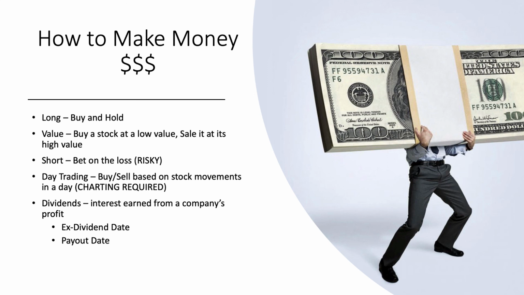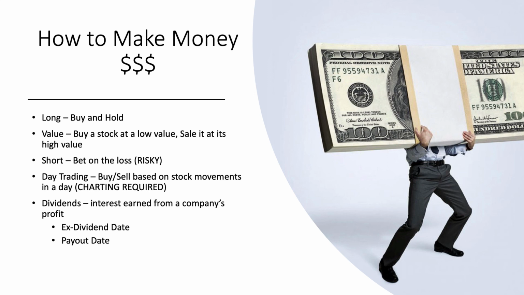So let's say Coca-Cola, our sample company for the evening. Let's say for last quarter, their net profit was $30 million. The board of the company may say, well, we're going to give our shareholders a certain percentage of the total profits we made.